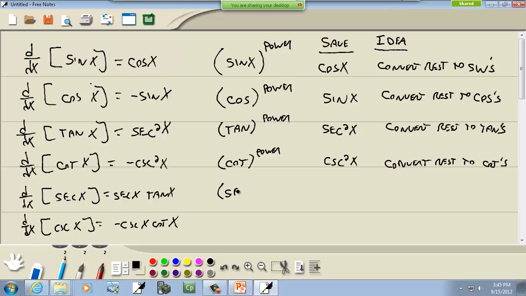On this one, we have secant to a power. Now we'll need to save a secant tangent, because you need that for your u substitution. And we convert the rest to secants.